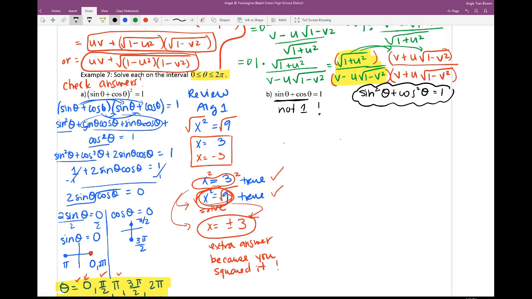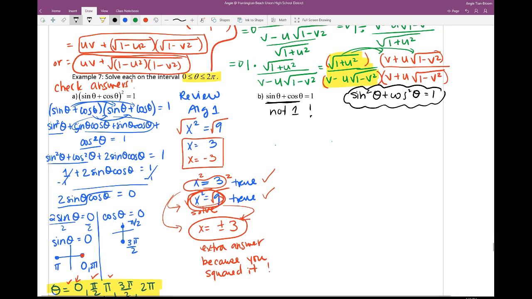Right now, honestly, there's not much you can do. So the first step is I'm going to square both sides. If I square the right, I can square the left, and that will still be equal. So since I squared both sides, this is what I now have.